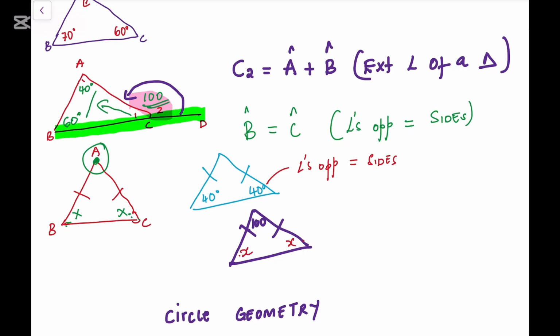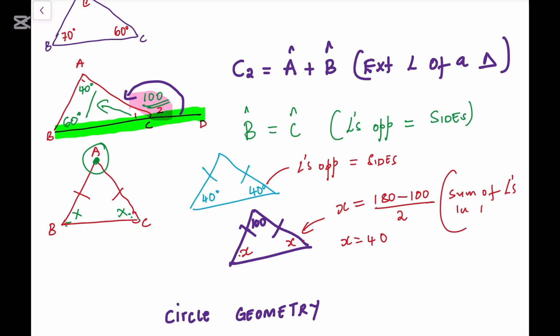To calculate the value of x, you can say x is equal to 180 minus 100 divided by 2, and then you'll find x is equal to 40. Then you'll write both reasons. You'll start by saying sum of angles in a triangle, and then also angles opposite equal sides.